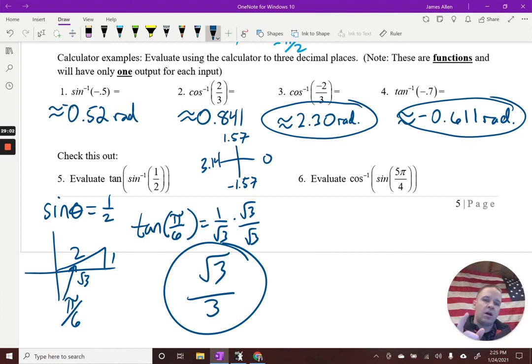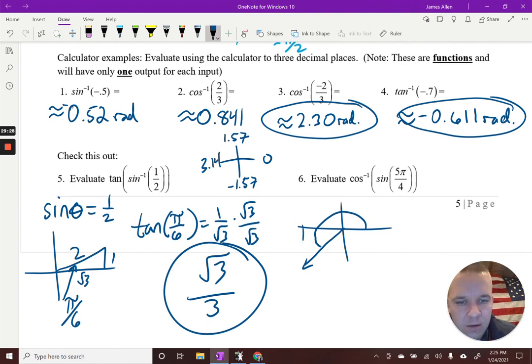Inverse cosine of sine of 5 pi over 4. Okay. So if I draw that up to figure out what sine of 5 pi over 4 is, that would put me over here, right? We're past pi.